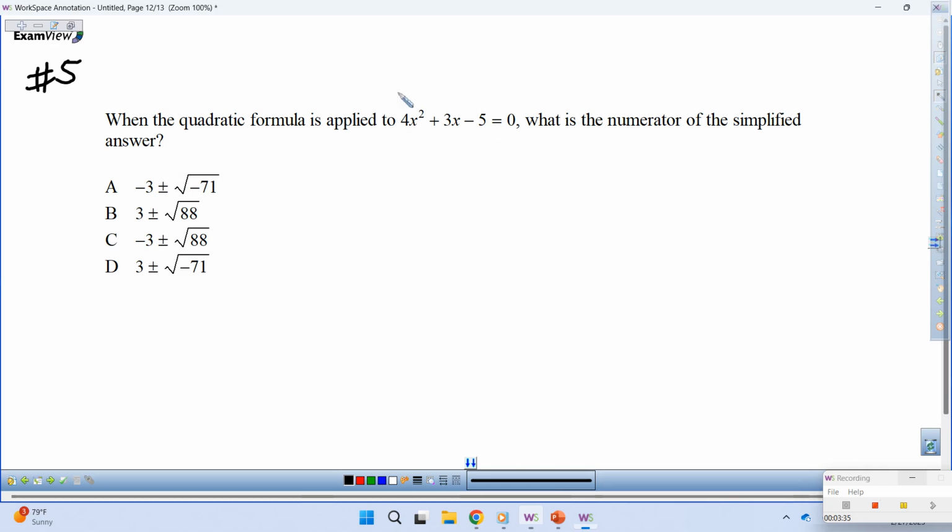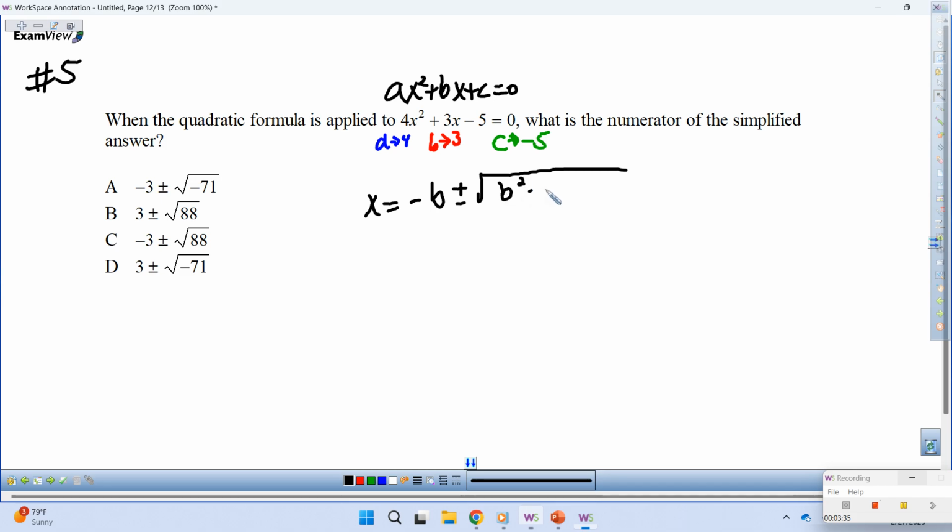for this, we need to identify ax squared plus bx plus c equal to 0. We need A. A is 4. B is 3. And C is negative 5. Alright? Quadratic formula: x equals minus b plus or minus the square root of b squared minus 4ac, over 2a.